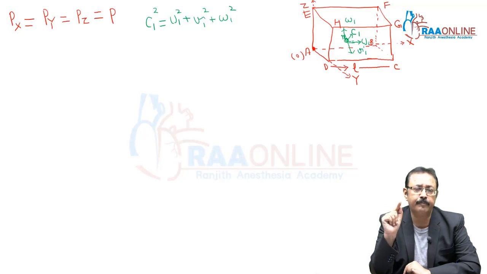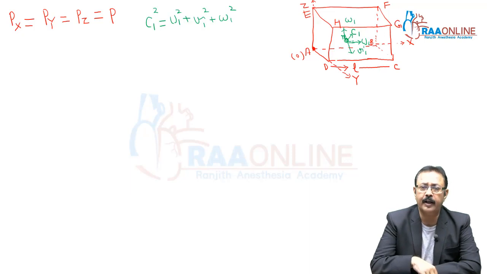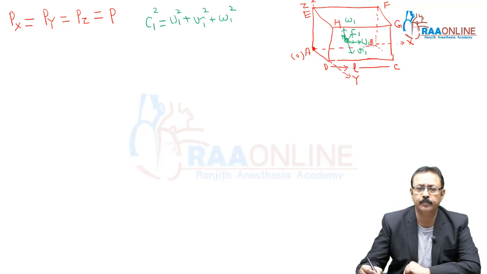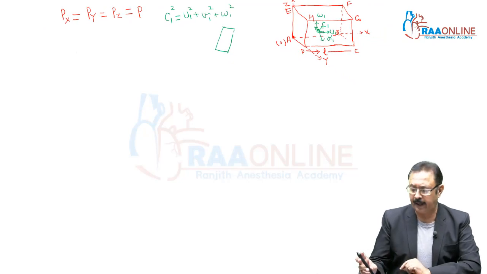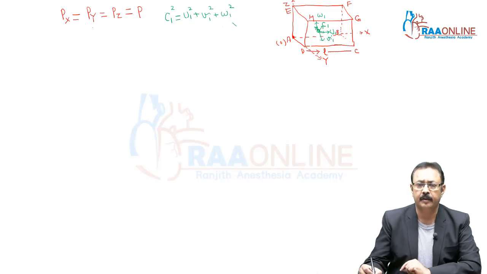It means if before collision the magnitude of velocity was u1, after collision it should be u1.